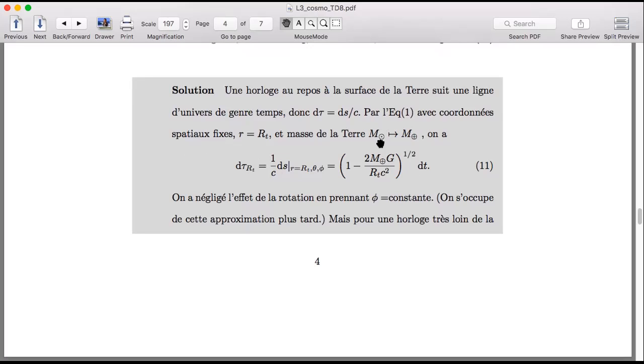let's use the mass of the Earth now. This is the standard symbol for mass of the Earth as opposed to the sun. This circle with the dot is the standard symbol in astrophysics for referring to the sun. So R_E is the radius of the Earth.